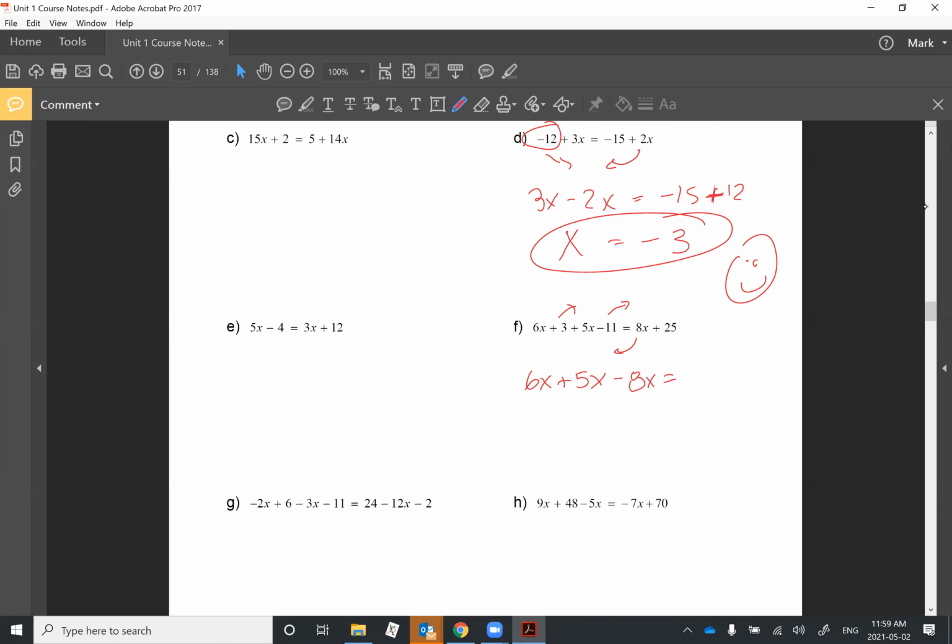So the 8x becomes negative, and then I'm going to subtract a 3 on this side and add an 11 on this side. So 6 plus 5 minus 8 gives 11x minus 8, which would be 3x.